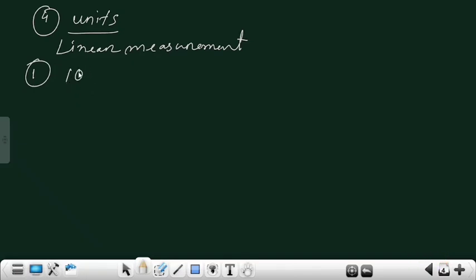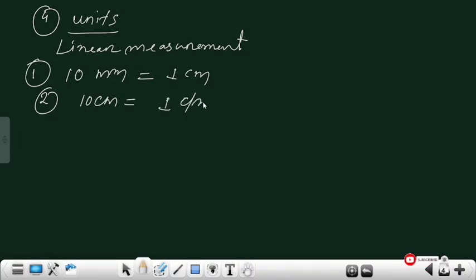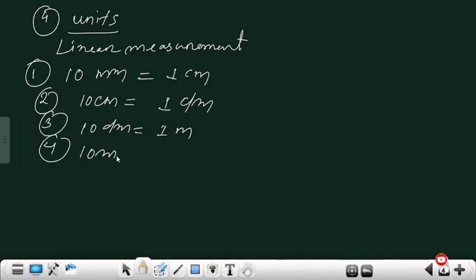Just follow this sequence. 10 mm is equal to 1 centimeter. Next, 10 centimeter is equal to 1 decimeter. Next, 10 decimeter is equal to 1 meter, and next 10 meter is equal to 1 decameter.